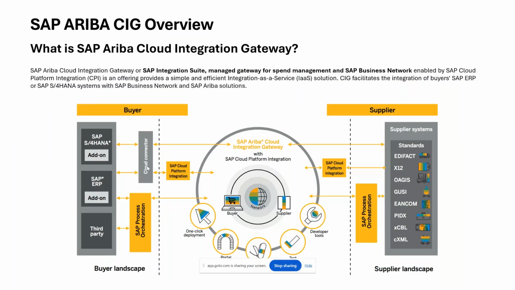Yes, we do have standard packages in CPI, but there will be extra effort in the CPI middleware. You have to configure all the iFlows yourself. You have to connect your Ariba system with CPI. It's on you to establish this connection.